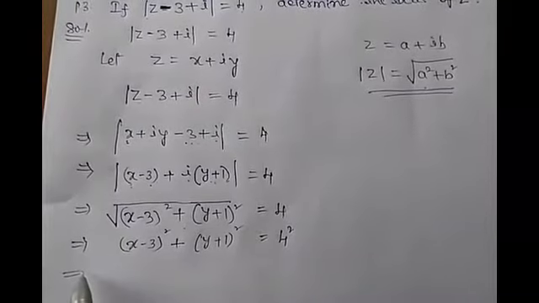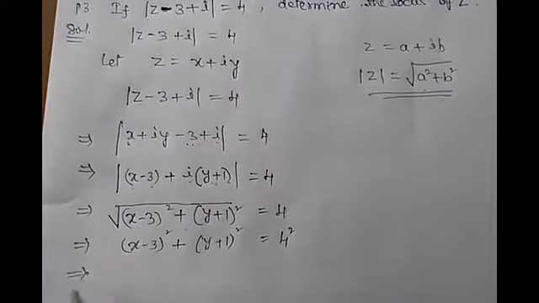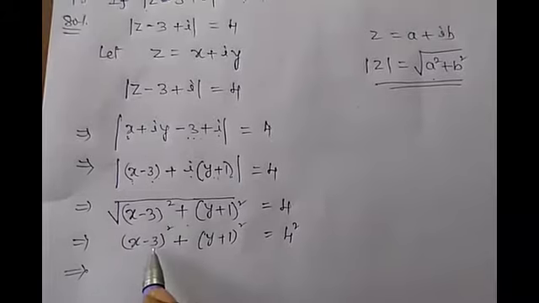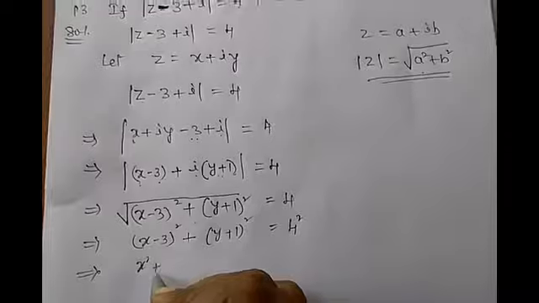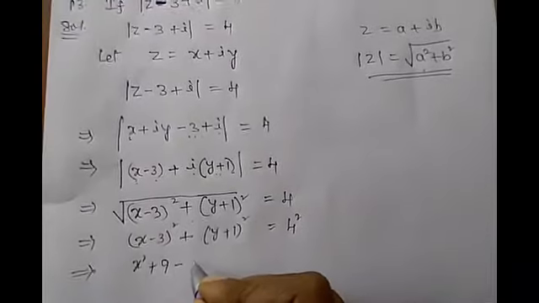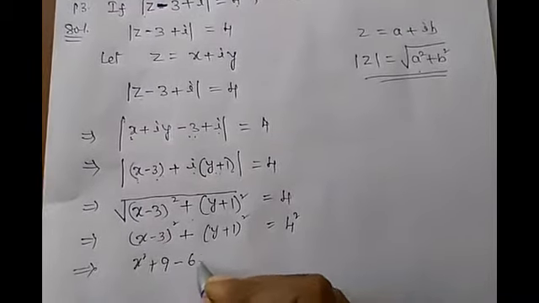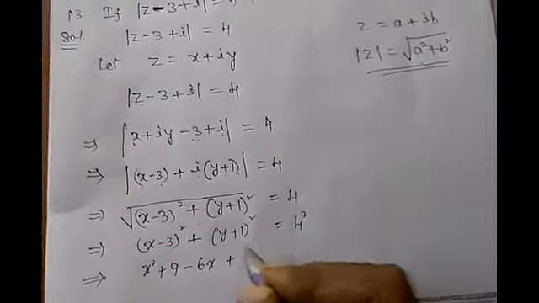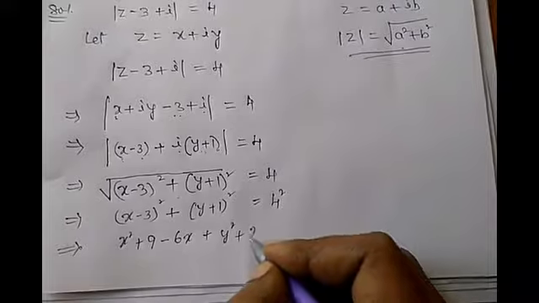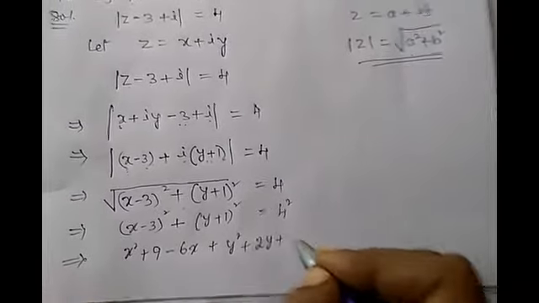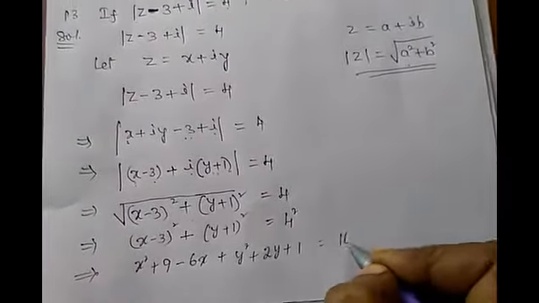That is equal to, simplify this one by using a minus b whole square and a plus b whole square. You get x square plus 9 minus 6x plus y square plus 2y plus 1 is equal to 16.